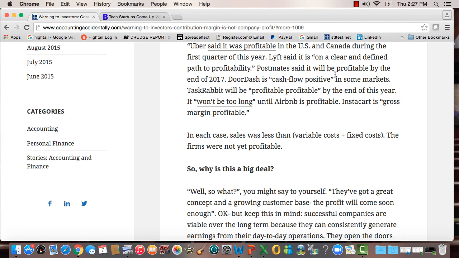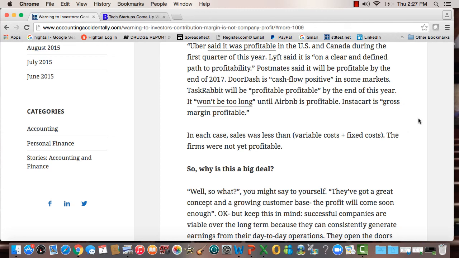Cash flow positive, other terms used to describe profitability. But the problem is that all these terms were not taking into account the allocation of fixed costs and the fact that the companies were not covering all of their costs and generating a profit.